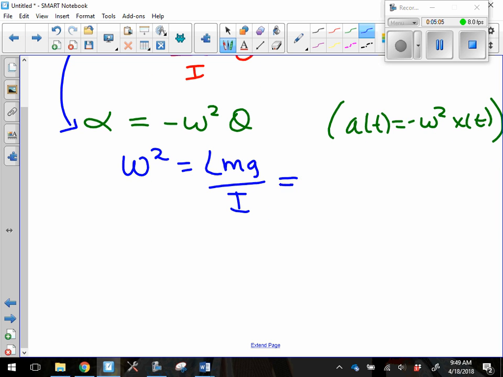So this is telling me that omega is the square root of L m g over I. And then what am I really looking for here?